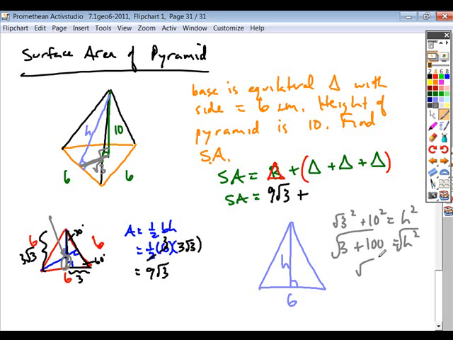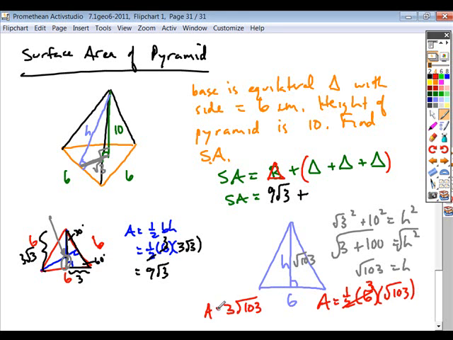So we get the square root of 103 is our height. So that's this measure. And so we can now find the area of this triangle. 1/2 the base of 6, height of root 103, 1/2 of 6 is 3. So we have 3 times root 103 is the area of one of these triangles.